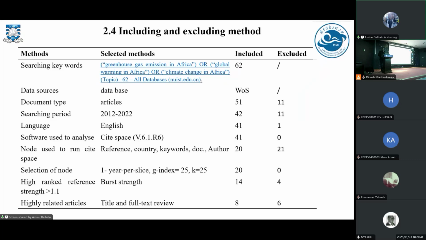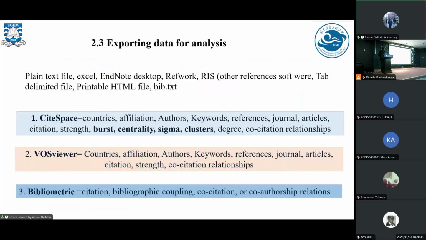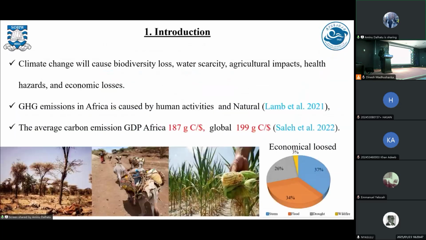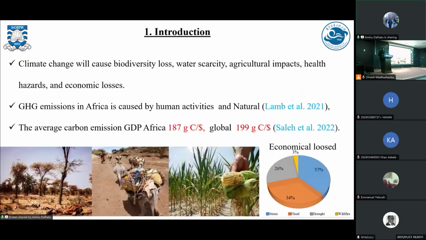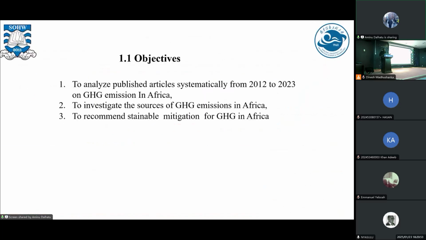So it is difficult to compare, especially since we have a lot of rivers in Africa, but not more than 10 rivers are studied. River basins in Africa are a source of greenhouse gas emission, but there are not that many studies, that many papers published in Africa.